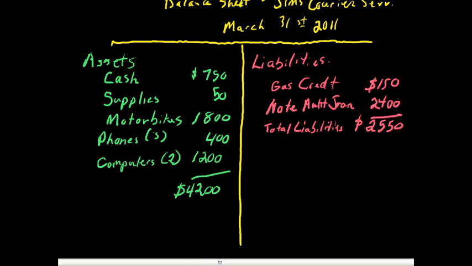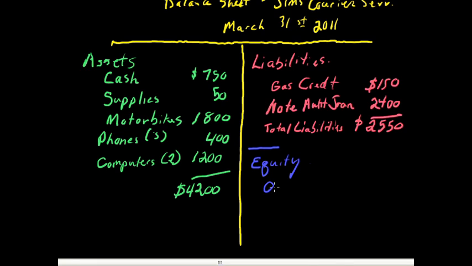Okay, so then we come down here, and we consider the equity. Let's put a little line here so that we can separate that. Equity. Now, how much equity does Jim have in Jim's courier service?